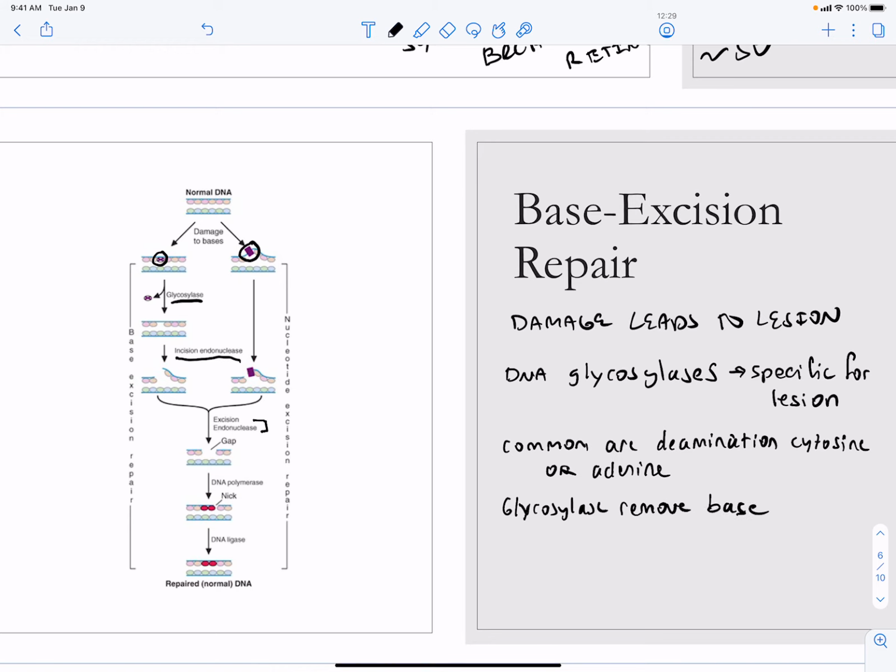And so this is going to lead to an abasic site. An abasic site does not have a base. And depending on whether it's cytosine or adenine, it can be an apurinic or an apyrimidinic site.